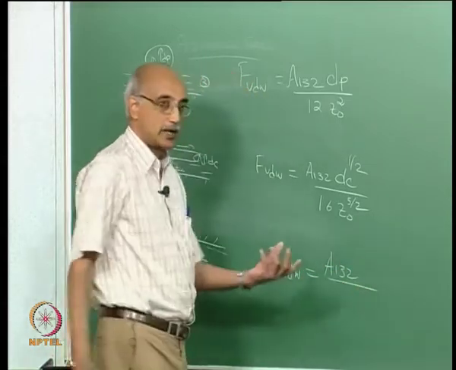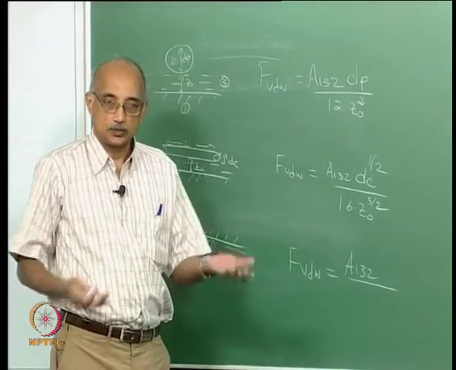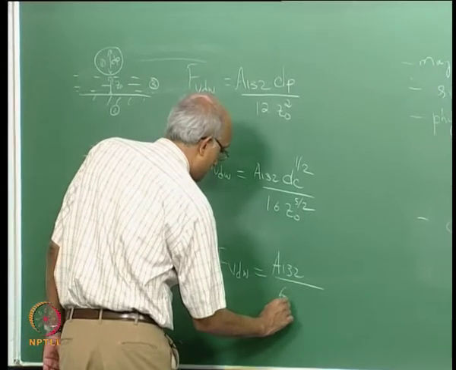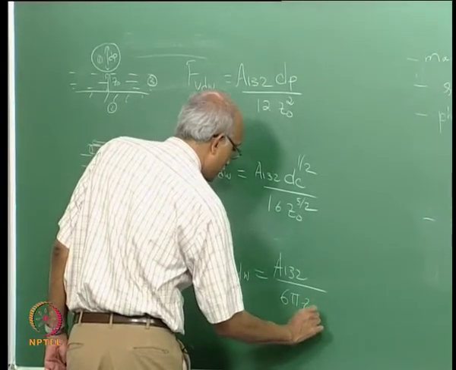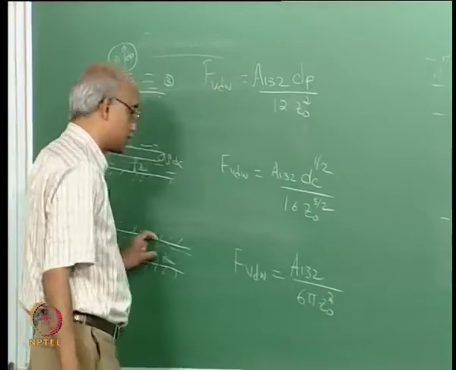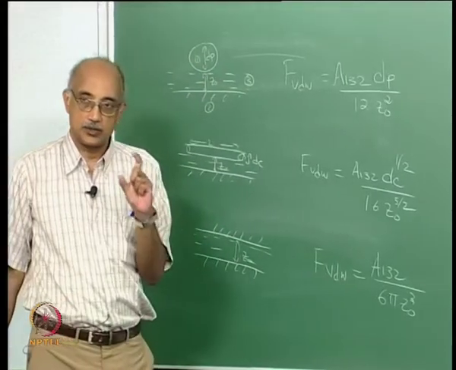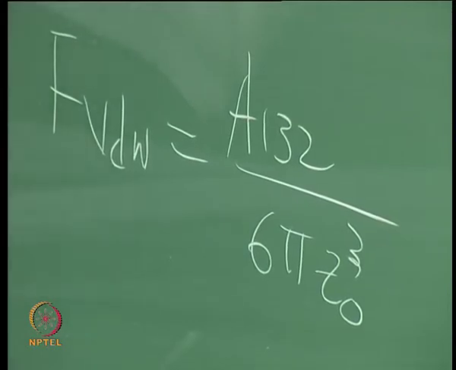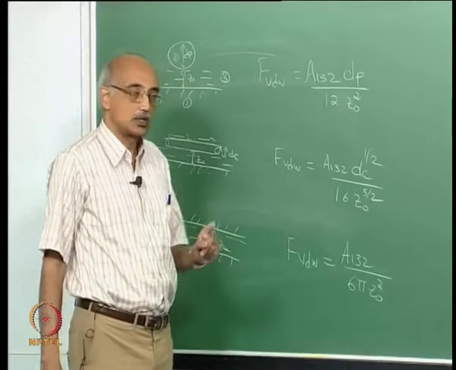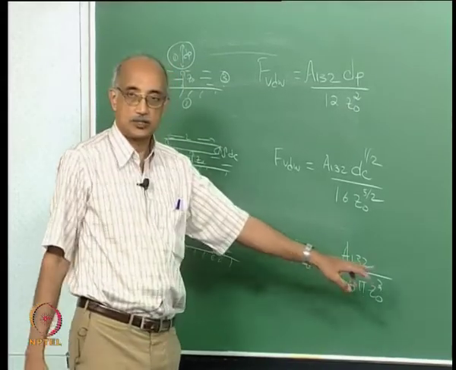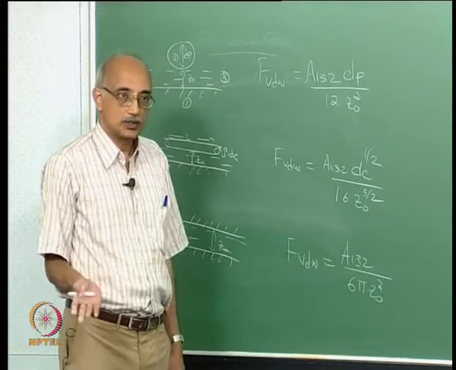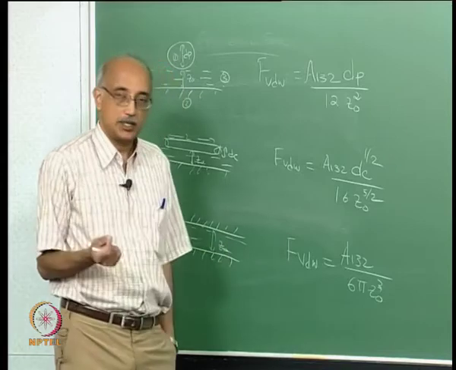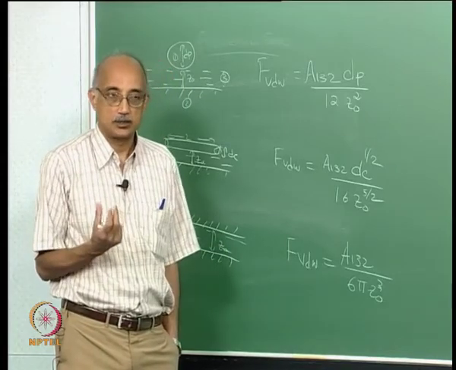Of course, there is no characteristic diameter now, it is just two planar surfaces. In the denominator you have 6 pi z0 cubed, where z0 is again the separation distance between the two surfaces. So, if you compare these three equations, the only thing that is common to all of them is the linear relationship between adhesion force and the Hamaker constant. All the other dependencies change based on the geometries of the objects.